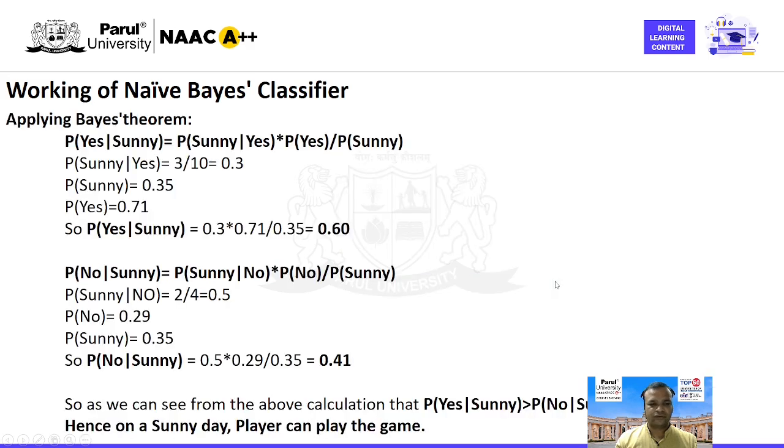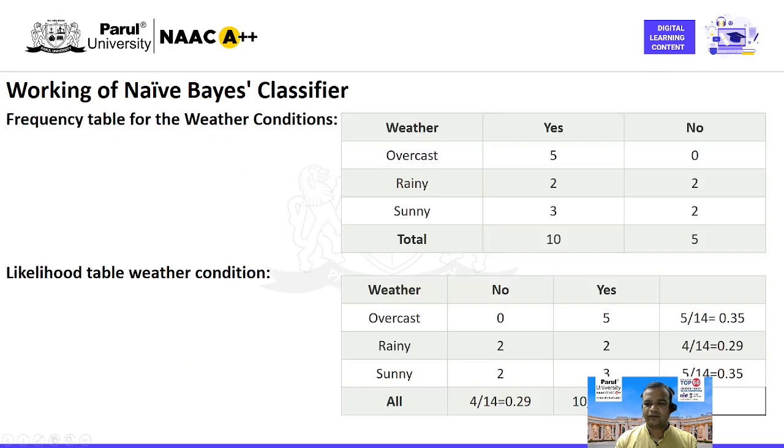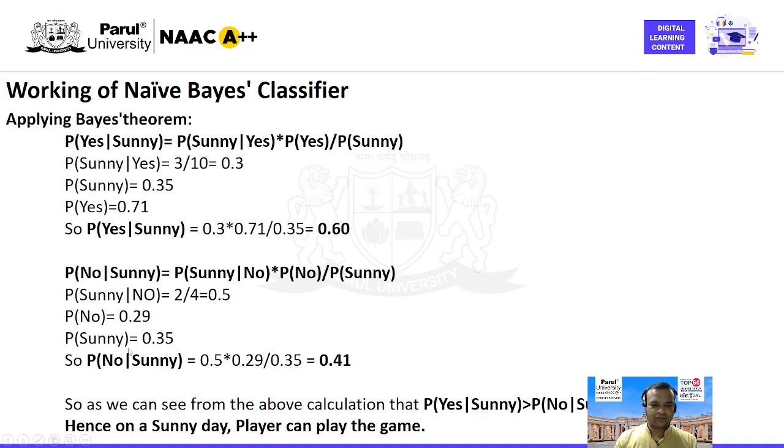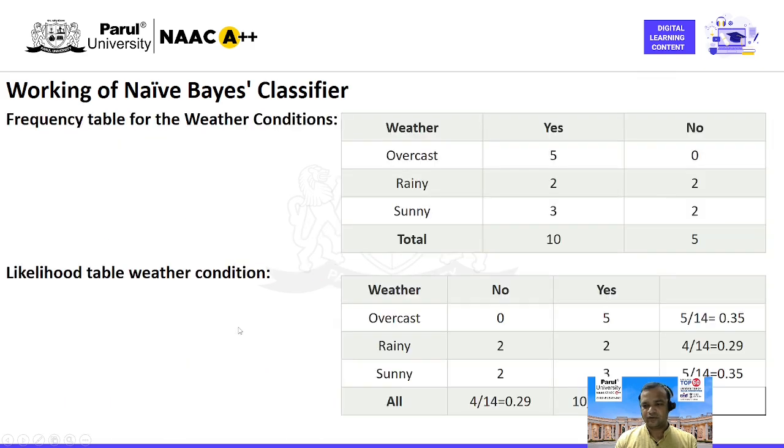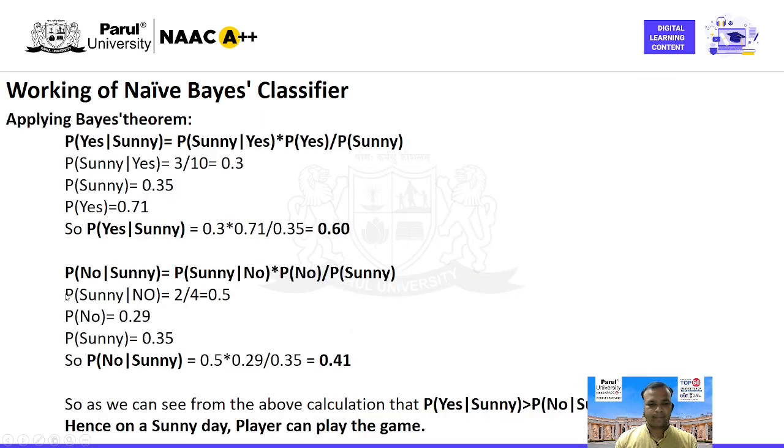So 2 upon 4 is equal to 0.5. Probability of no is equal to 0.29. We already calculated here in the previous slide. Probability of sunny is 0.35. We need to put all these values in the given formula. You will get the answer 0.41.